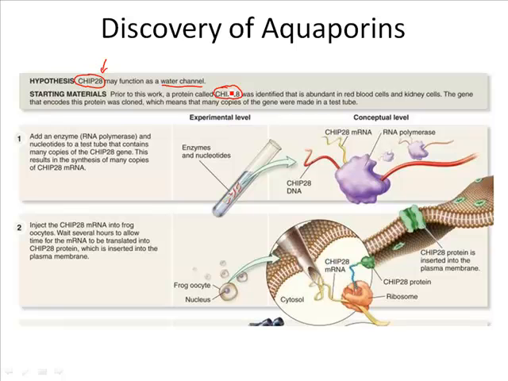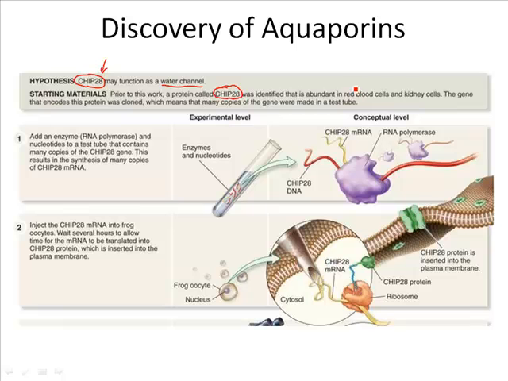Now, that was interesting to them. Why would kidney cells and red blood cells, as compared to others, have lots of this protein? Well, they looked at the function of these cells. And they certainly know that kidney cells have an important function in maintaining water, either by excreting it or retaining it. They also know that in red blood cells, it's important that we maintain water balance so they don't burst.